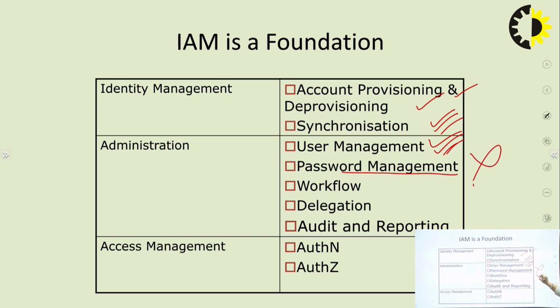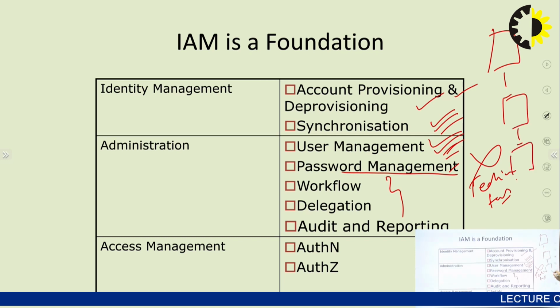It is a tedious task. So proper management of the password needs to be done. Proper workflow needs to be defined, like the login IDs, the passwords, the credentials, where they are going, the fulfillment of the credentials, then going back to the concerned party, checking those. So proper workflow needs to be designed, proper delegation, and lastly the reporting and the audit.